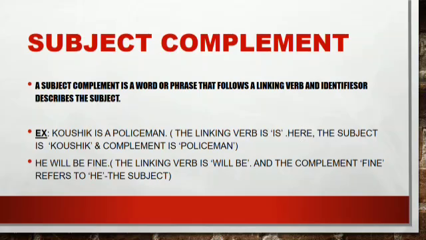Here you can find policeman is the complement. So the complement policeman refers to the subject Kaushik, and in the next example you can find he will be fine. Fine refers to he or relates to he. So that's why these two examples are the type of what we say subject complement.